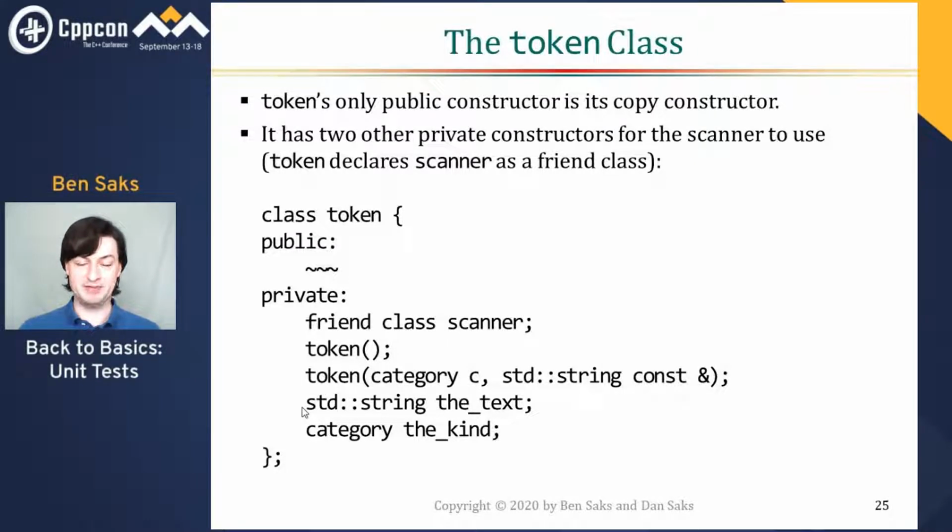The scanner is the piece that creates tokens in the first place. Once you've received one, you can copy it around, but you can't really create them yourself outside of the scanner. So there are these two other constructors for the scanner to use to actually create tokens, and it has access to them because scanner is declared as a friend class of the token. The scanner and the token are really designed to work together closely like this.